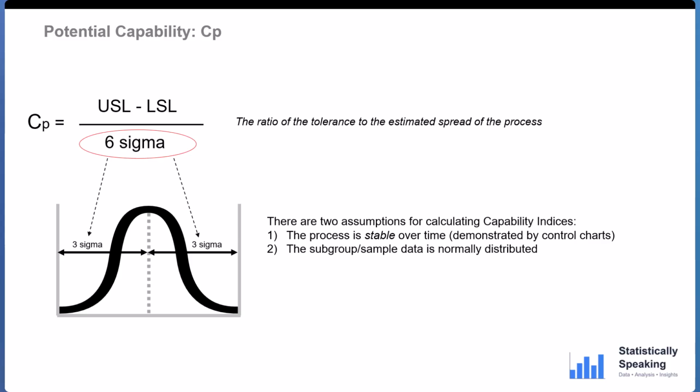And then the other requirement is that the subgroup or the sample data has to be normally distributed. Now, capability indices can be calculated for non-normal data as well, or for data that fits a different type of distribution. But that's a separate topic, and I'll probably make another video on this. For this one, let's consider CP and CPK and the other indices which rely on standard normal curve.